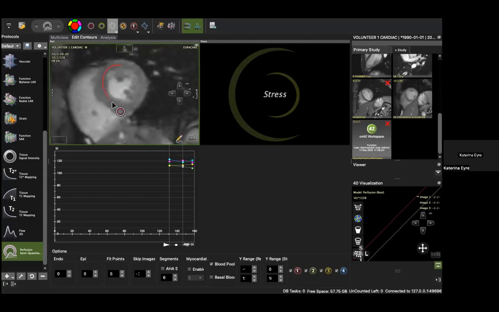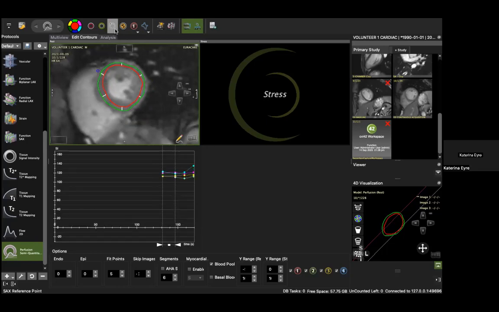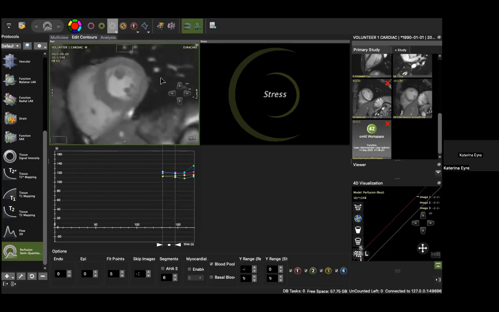Same thing. Sorry, this is a little boring to watch, I realize. Trying to be as fast as possible. Insertion points. And then we continue, diastole, moving to systole.